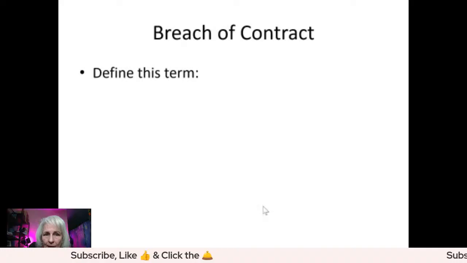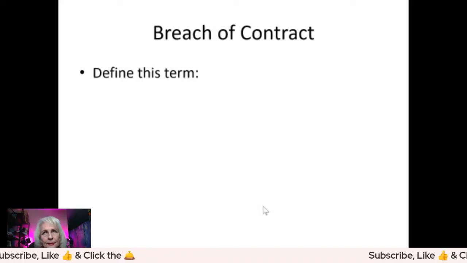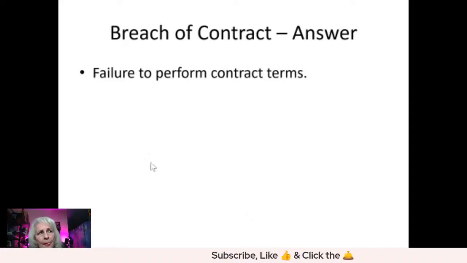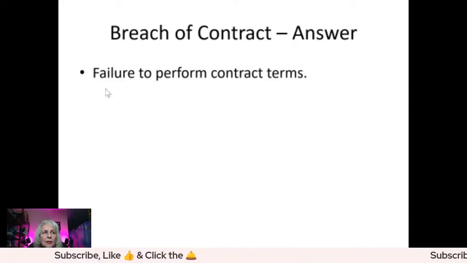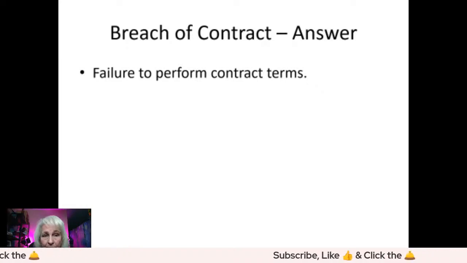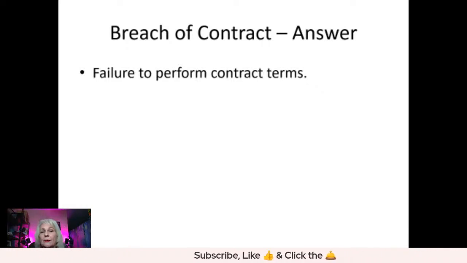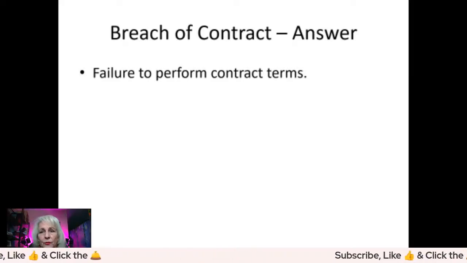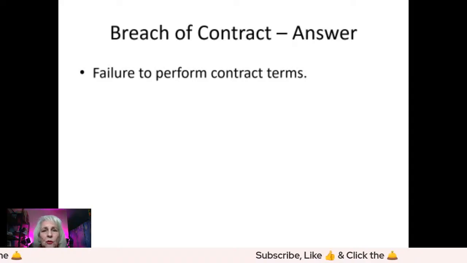Breach of contract. It does happen, but not as often as you might think. It's failure to perform contract terms. And these contract terms are the listing agreement, that's a contract, a buyer-seller agreement, which is in a 1 to 4 resale residential home contract, or commercial, or industrial, or land.